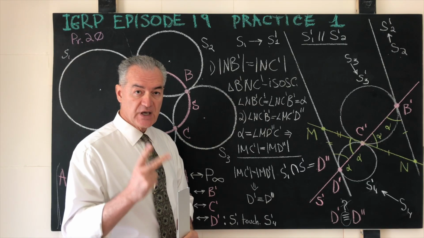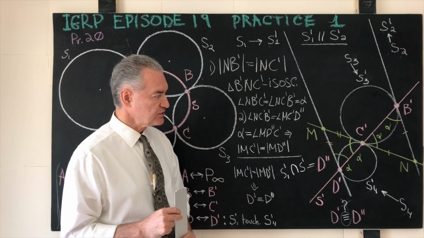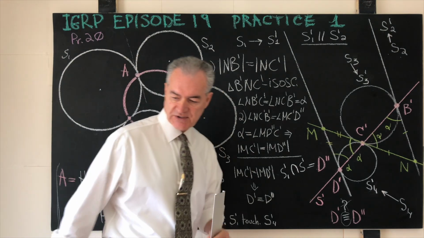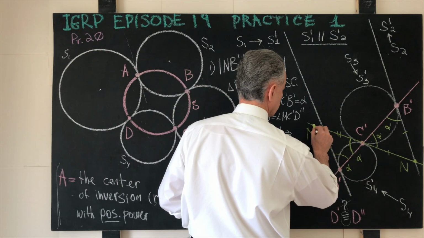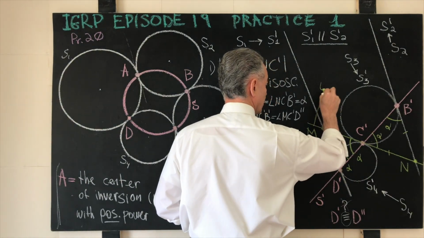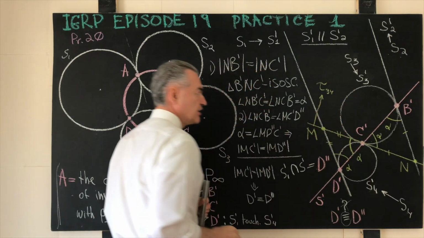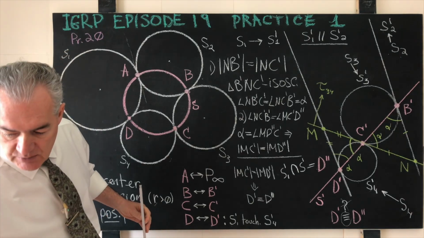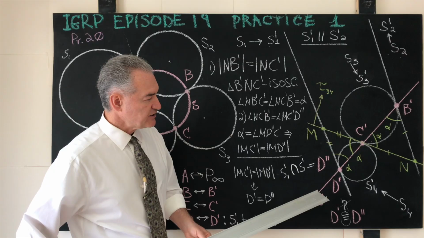and only 2 cases. The common internal tangent of these 2 circles, let me mark this tangent over here. Let's call it tau 3, 4, the common internal tangent of the image circles S prime 3 and S prime 4.